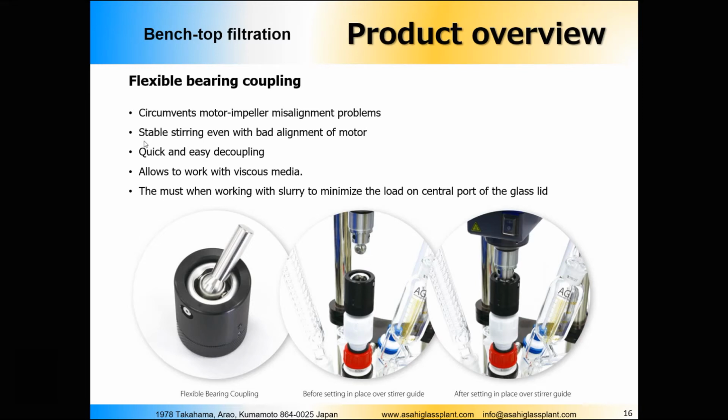Apart from that, you will be able to work with viscous media, because due to this coupling you will have a lower load on the central joint, and this prevents the central joint from breakage. And in my opinion, it is a must when you're working with a slurry, to minimize the load on the center port of the glass lid as well.